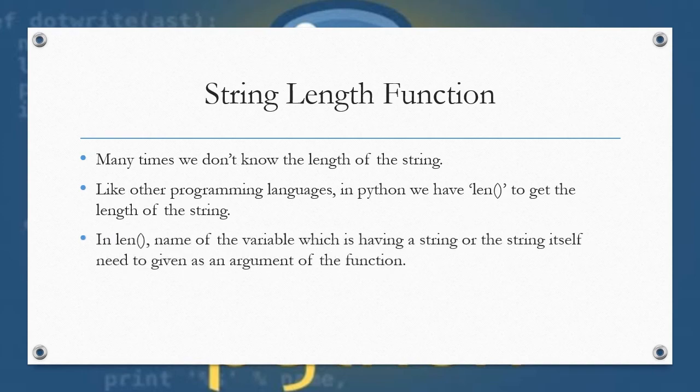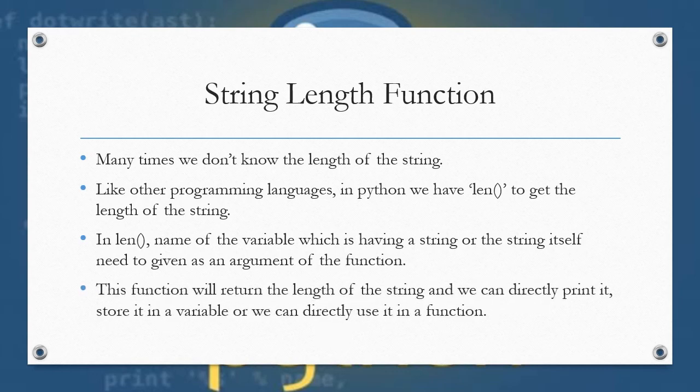The name of the variable which has a string, or the string itself, needs to be given in the argument of the function, and it will return the length of the string as a number. It will count the spaces in that string also. The function will return the length, and we can directly print it, store it in a variable, or use it directly in another function.